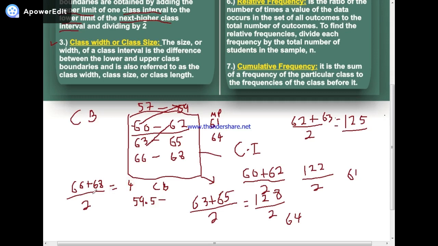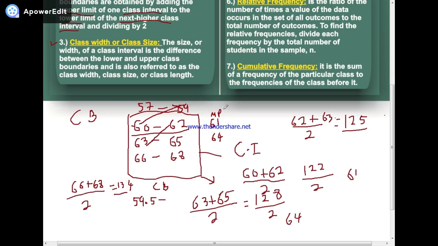And 6 plus 6, that is 12, plus 1, that is 13. So 138 divided by 2: 2 in 13, that is 6, carry the 1, and 2 in 14, that is 7. So this one will give us 67. So that means our midpoints here will be 61, 64, 67.